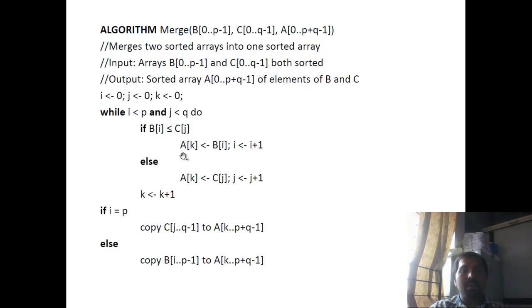We repeat this process till all the elements are copied to the main array. If I equals P, that means one of the subarrays has been fully copied to the main array, then the remaining elements can be copied to the main array. Else copy B to A. So this is the merging process we apply in merge sort.